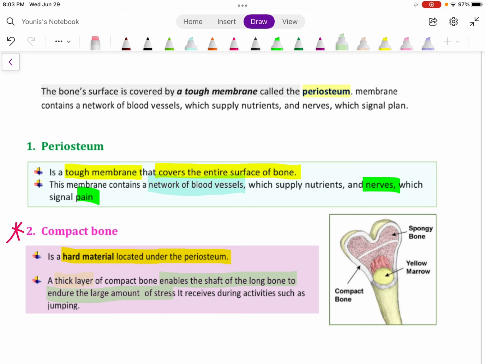Usually in large bones, this compact bone provides us with, let's say, the ability to resist large amounts of stress or injuries. So it's like a shock absorber. Like activities during jumping, the compact bone of long bones can endure this source of stress.